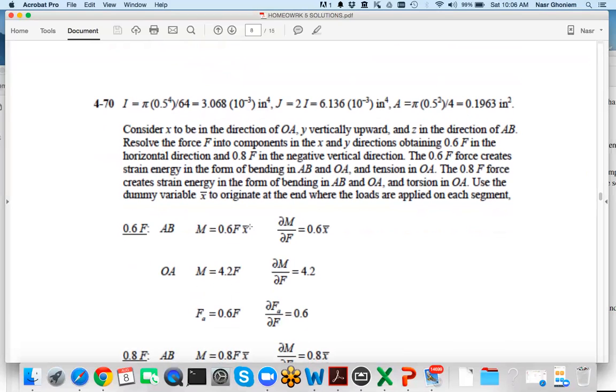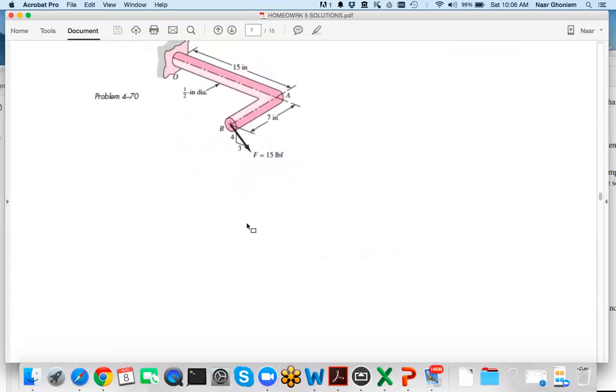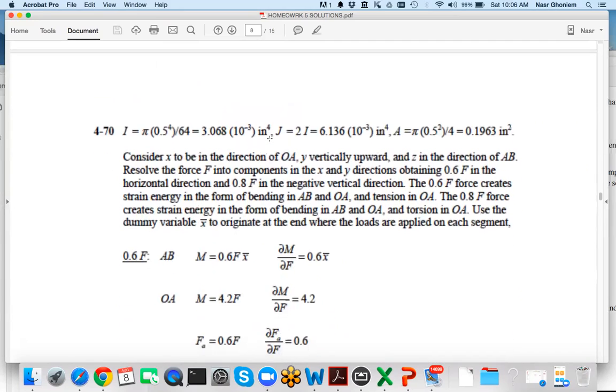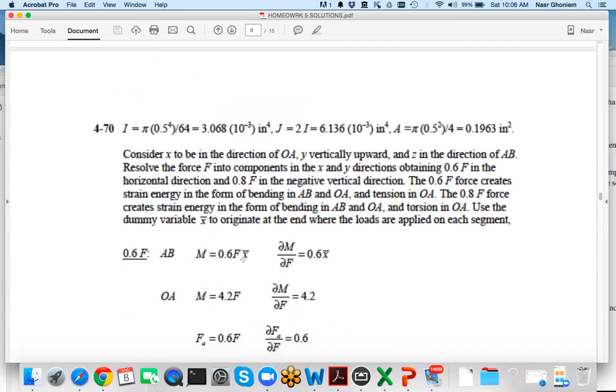The point that I wanted to make is that it doesn't matter whether you start from B towards A or A towards B. It's only a matter of convenience. In this case, we have it from B towards A, and we call it X bar. So the moment is dependent on X bar, and then in the derivative of the moment with respect to the force, we drop the force out, and we have the X bar still left.